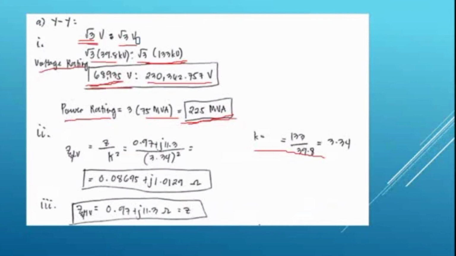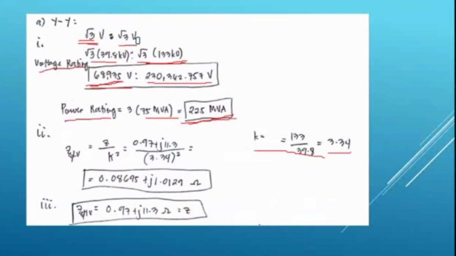The 39.8 kilovolts is the voltage referring to the low voltage side, and this 133 kilovolts is the voltage referring to the high voltage winding. So we get a transformer ratio of 3.34.